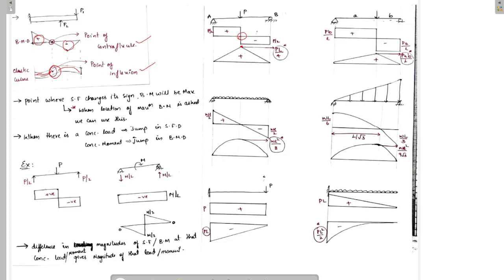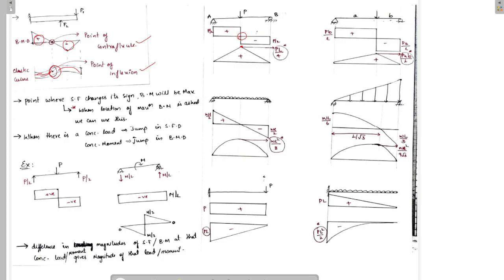In some questions they will be asking what is the location of maximum bending moment. If we go mathematically, we should write the bending moment equation, differentiate it and make it equal to 0, and find x equals to something.